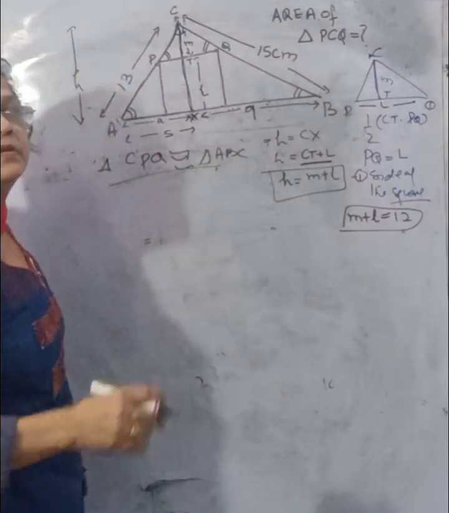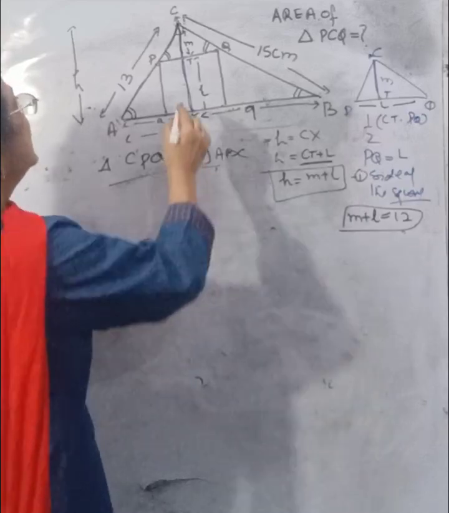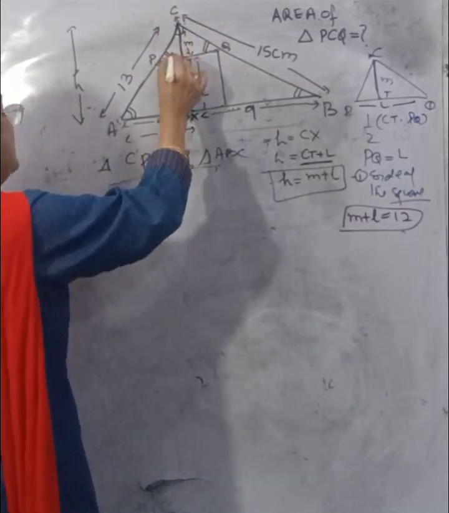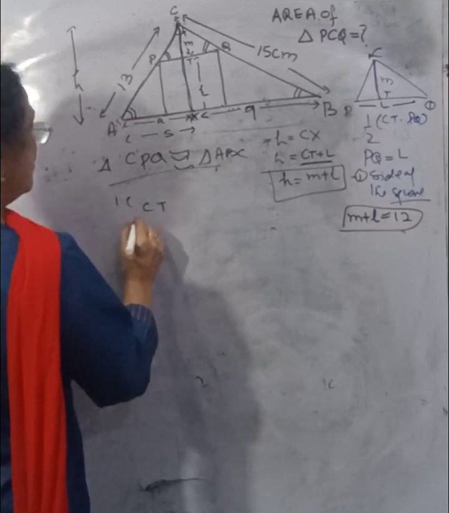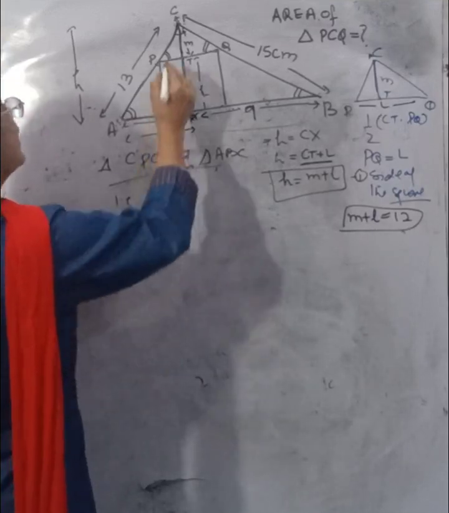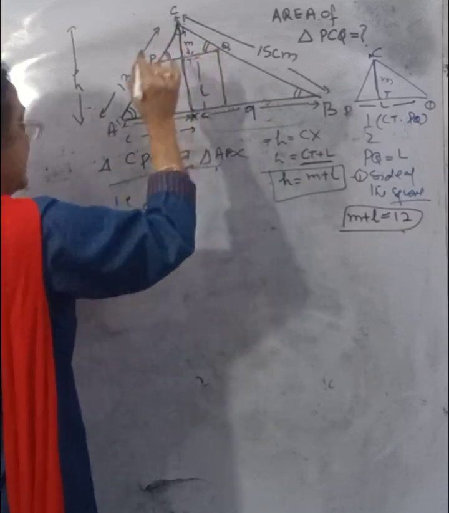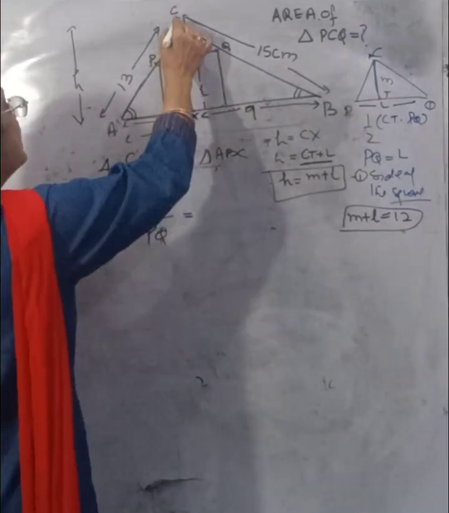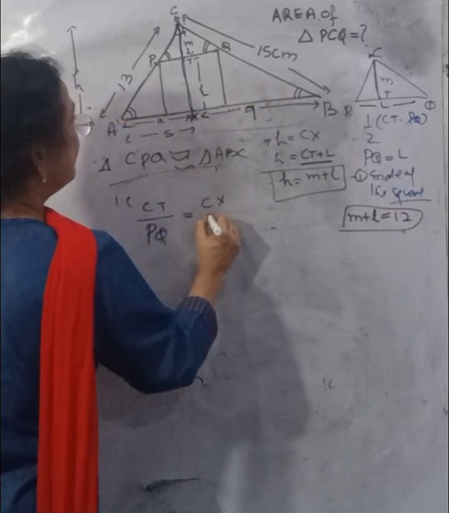It means the ratio of their corresponding sides will be the same. So we can say CT upon PQ, that is perpendicular upon base in this triangle, will be equal to the perpendicular upon base of the bigger triangle, CX upon AB.